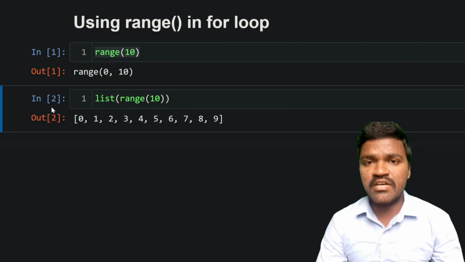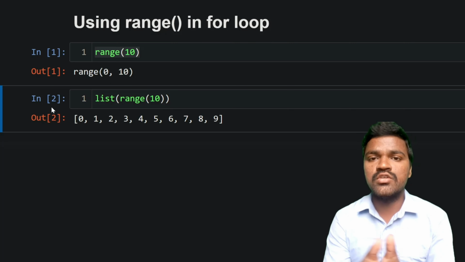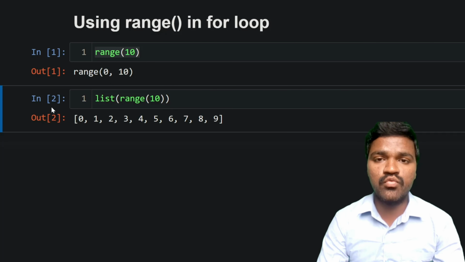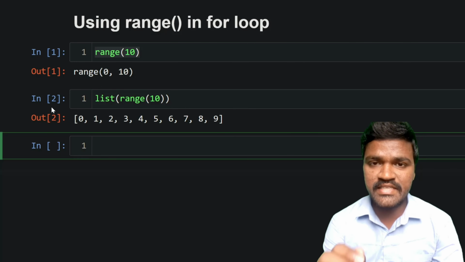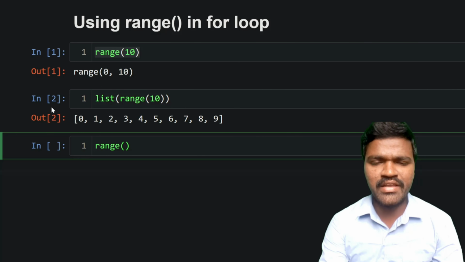But what if I want to generate a range of values from a specific start value to a specific end value? I don't want to start the values at 0. Let's see how that works. Let's say I want to start the values from 5 and go till 15. We can do that by mentioning something like this.